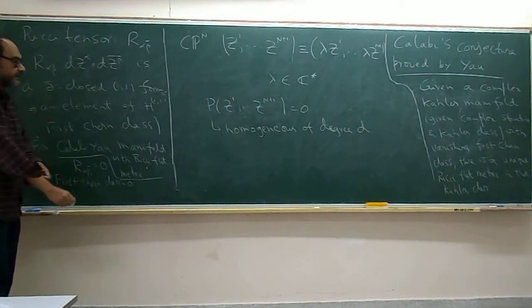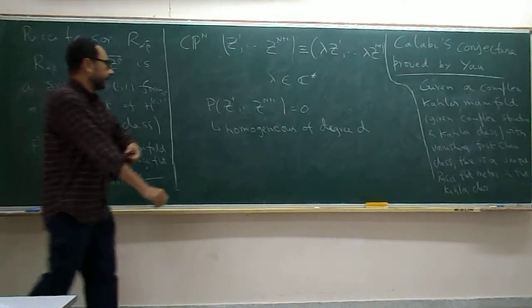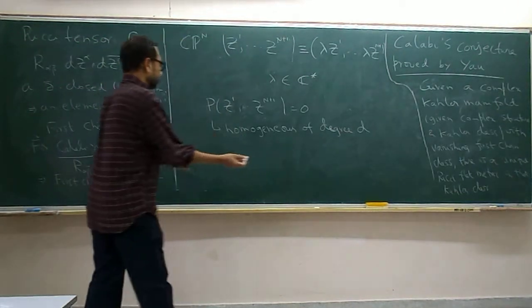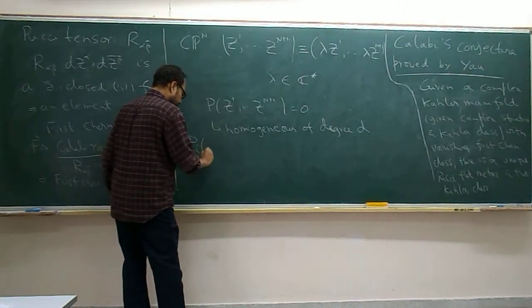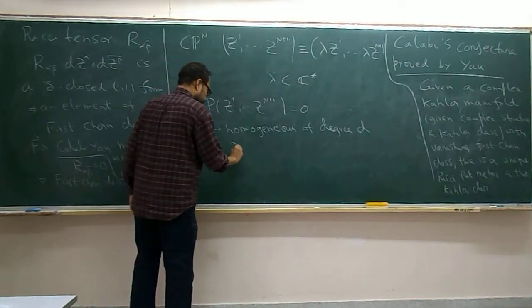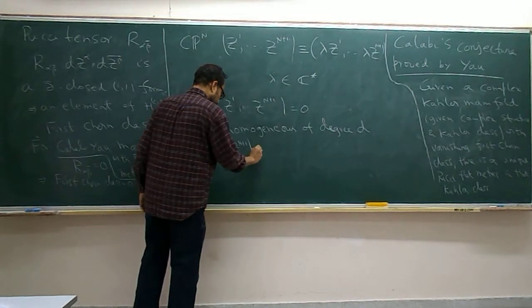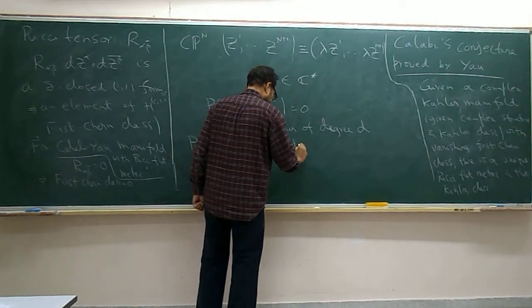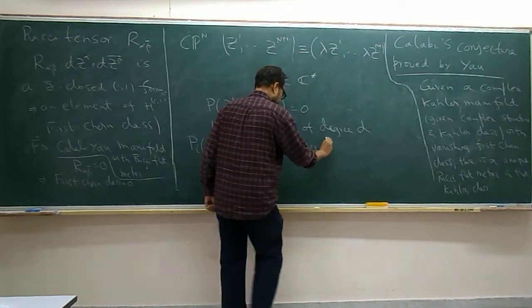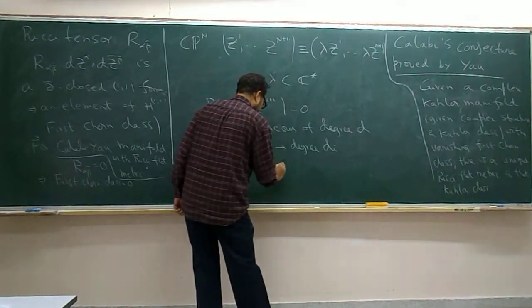In general, we can construct a set of homogeneous polynomials of this form equal to 0. Suppose P_i is of degree b_i, and i can run from 1 to k.